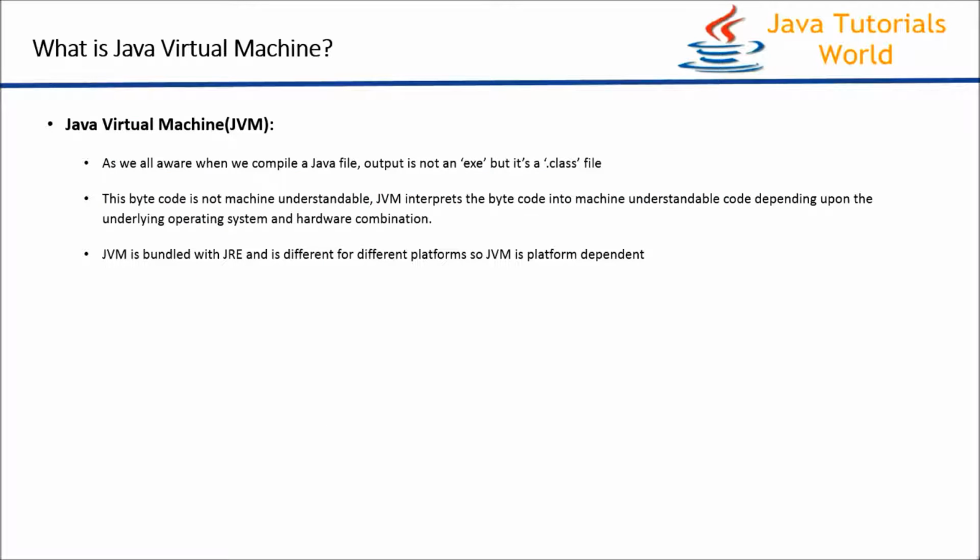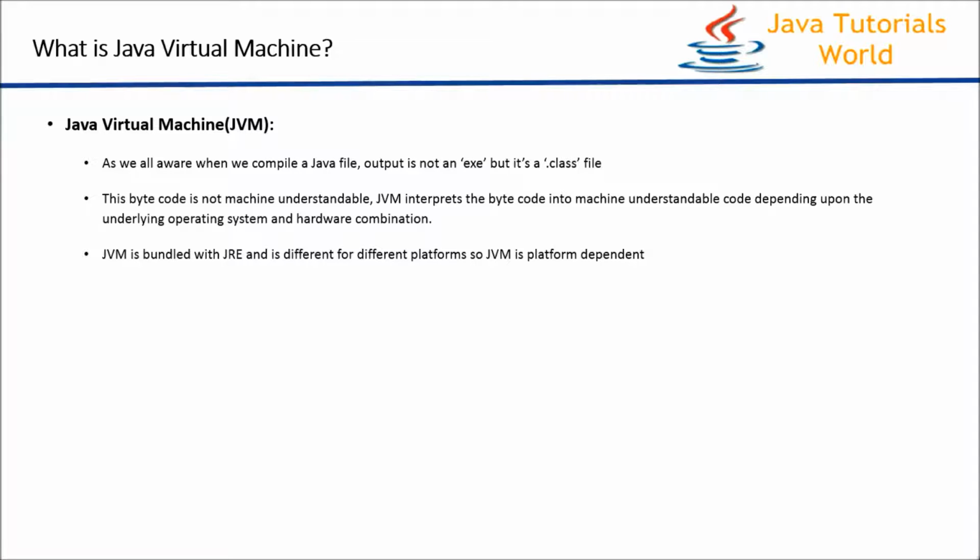Now let's see what is JVM. As we all know, when we compile a source file, a .class file will be generated, which is bytecode internally. This bytecode is not machine understandable.